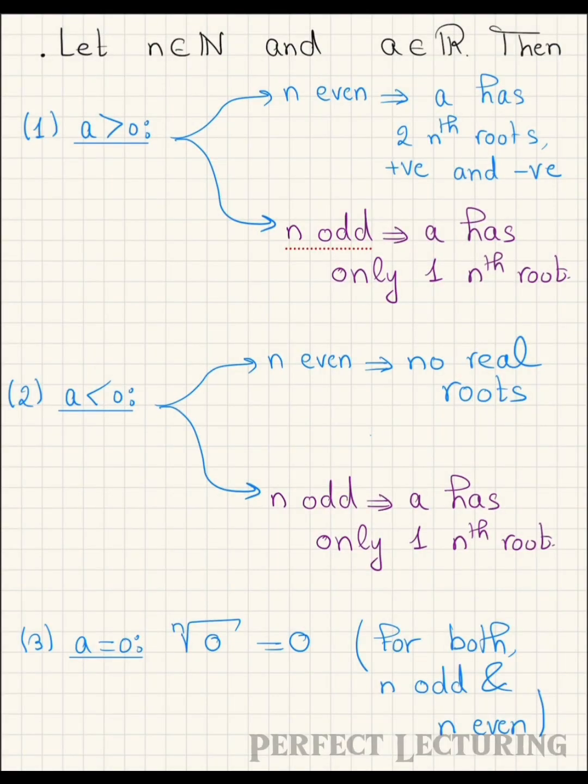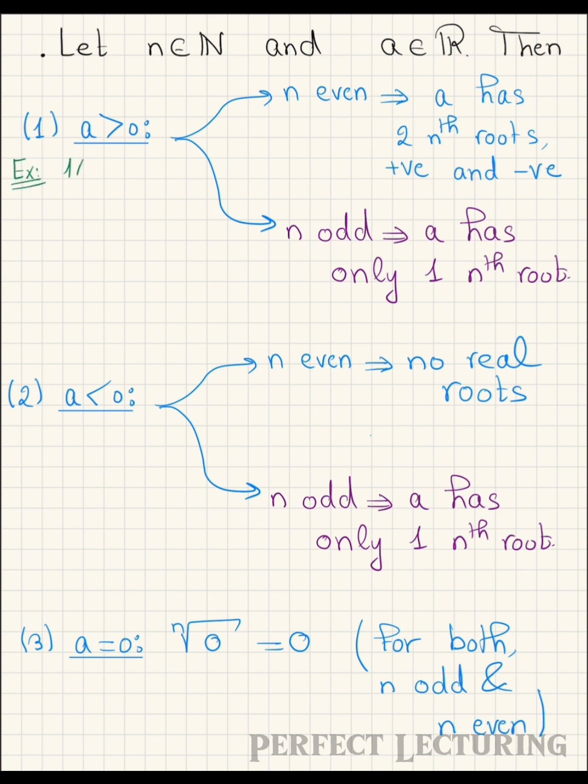Now let me sum up all the cases of the radicals for a real number a and a positive integer n. So if a happens to be positive, then if n is even, a has two nth roots, positive and negative. However, if n is odd, we only have one nth root.